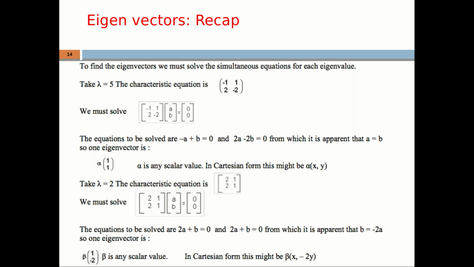To find the eigenvectors, we then use the eigenvalues which we obtained previously and solve the equation to find the general form of the eigenvector. For lambda equal to 5 and lambda equal to 2, we solve these equations in this case. And these are the eigenvectors which we have obtained.